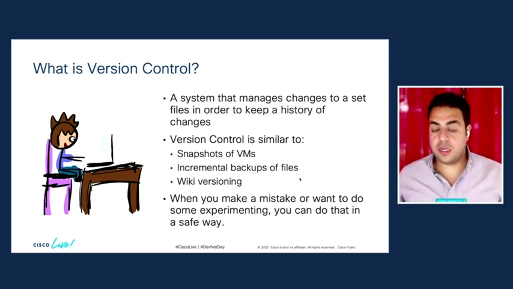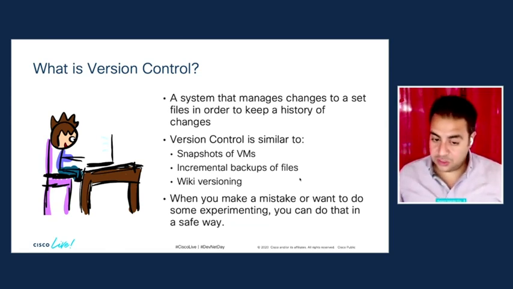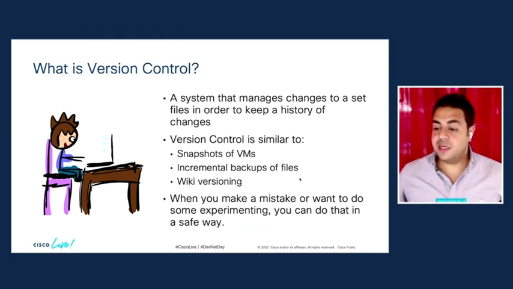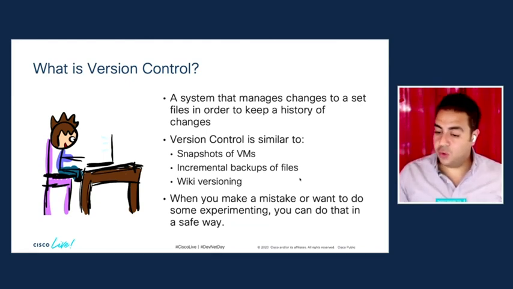If you broke it and you want to go back to the initial snapshot, you can just revert. So think of it as that, or an incremental backup of files, similar to wiki versioning as well. When you make a mistake, it protects you and protects others, and you can start experimenting. Since you have a backup, you can always go back. So it's a safe place for you to play with code.